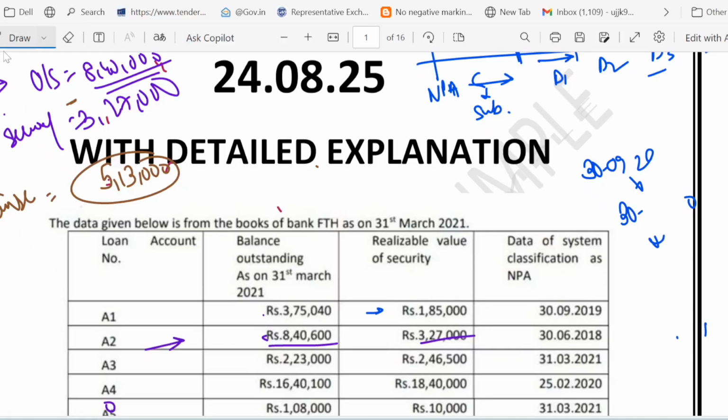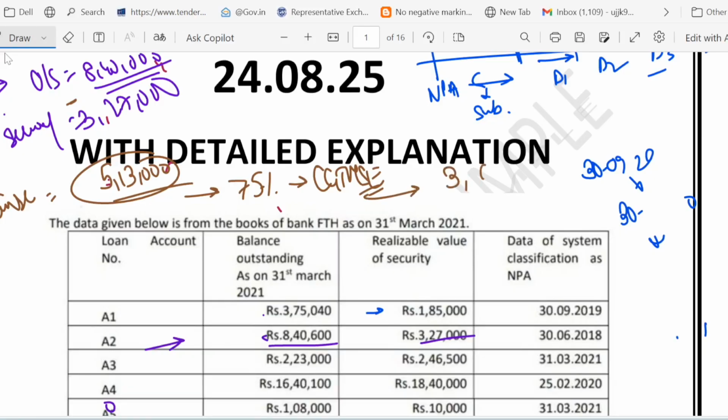Now friends, we basically have the CGTMSE guarantee. Since this is a micro enterprise, 75% of the unsecured portion is guaranteed by CGTMSE. So think of it like insurance. If the borrower does not pay, CGTMSE will pay the bank for 75% of that part. So out of 5,13,000 unsecured, how much is the 75%?